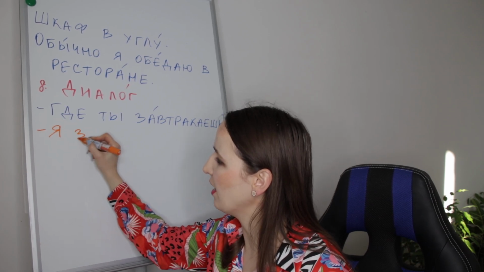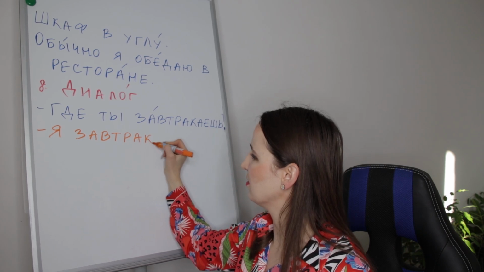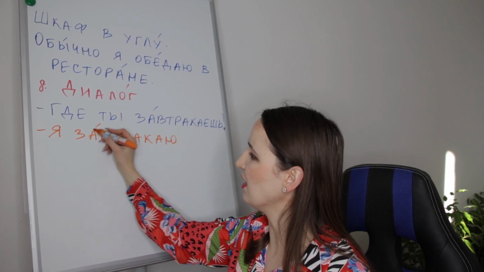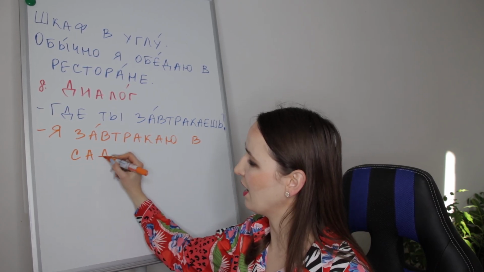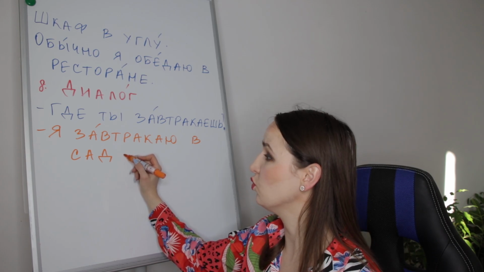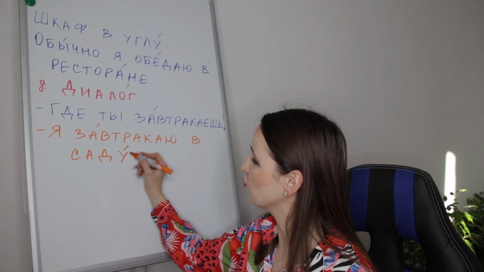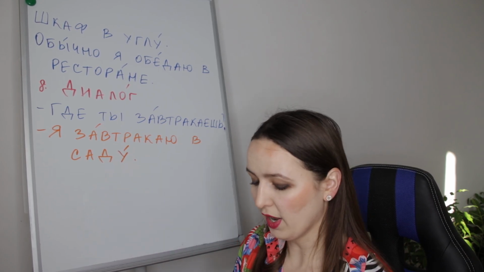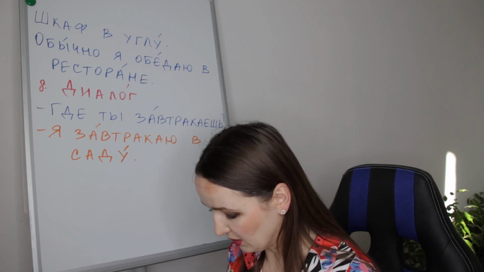Сад is a garden. It's an exception, so to make it prepositional, to answer the question where, we will add у. В саду. Я завтракаю в саду. I have breakfast in the garden.